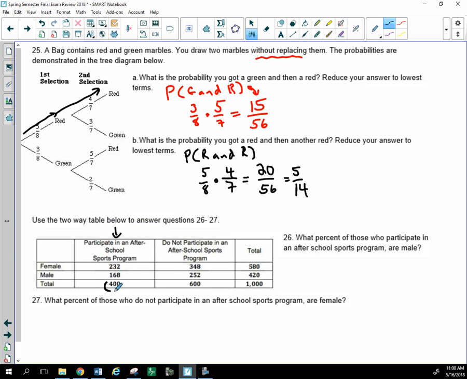The total of them are 400, and we want to know what is the probability of them being male, so what percent of them. So I would take 168 divided by the total number, which would be 400, and that would get me a fraction of 21 out of 50 when reduced, which comes out to be 42%.